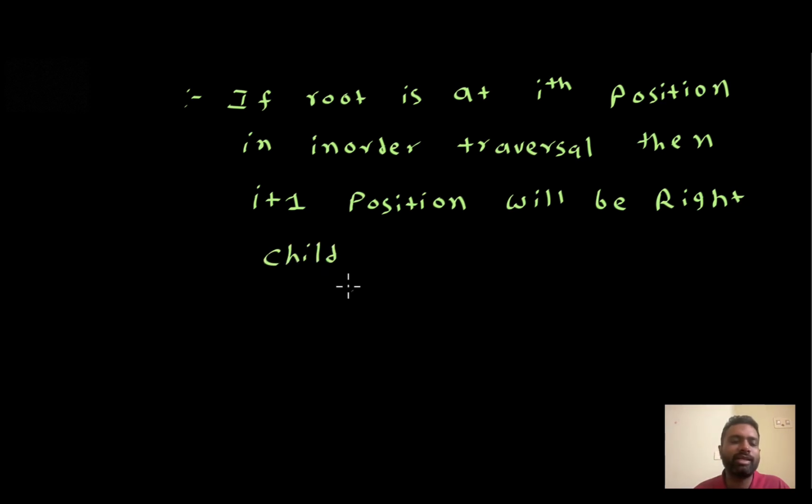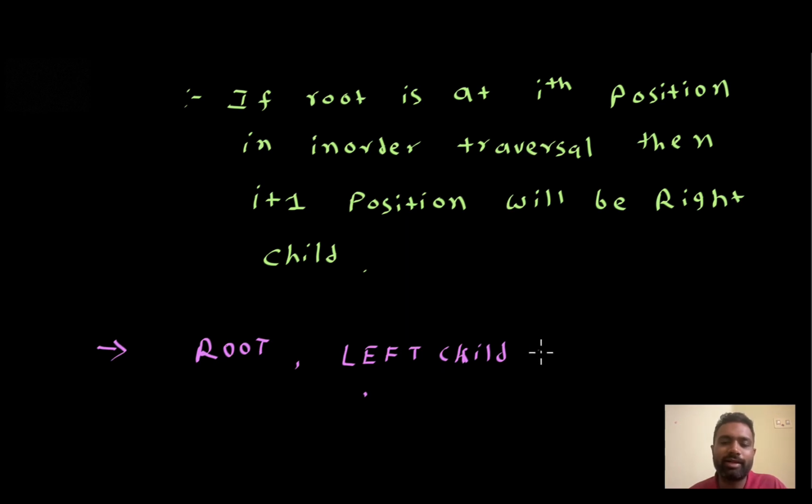So from Inorder and preorder, how many things could I identify? One thing is I could identify root, I could identify left child, and also not just left child but the entire left subtree. So left child and subtree, that is more specific.